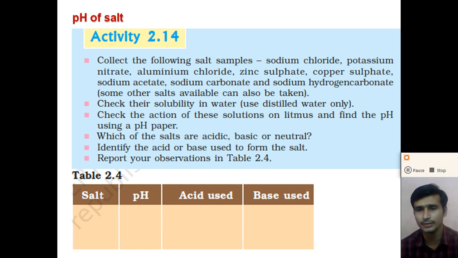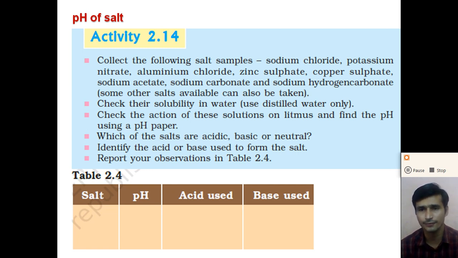So how can we check the acidic and basic property of the solution with the help of litmus paper? We discussed it in the first video. So dear student, if you have not seen the first video yet, see the previous video, so that you can easily understand how we can check the acidic and basic nature with the help of litmus paper, right?